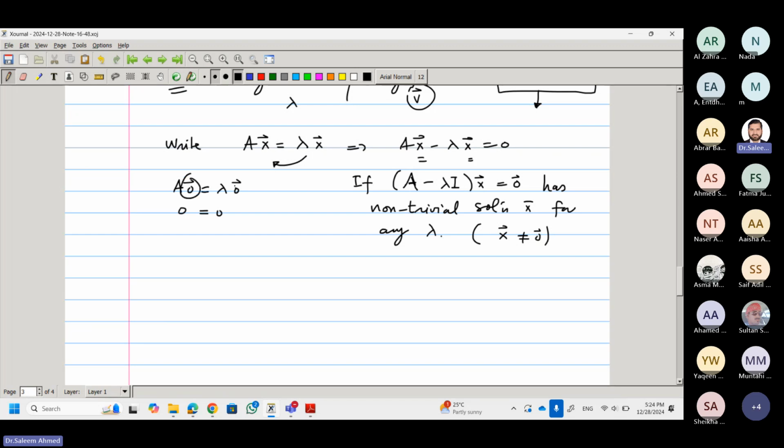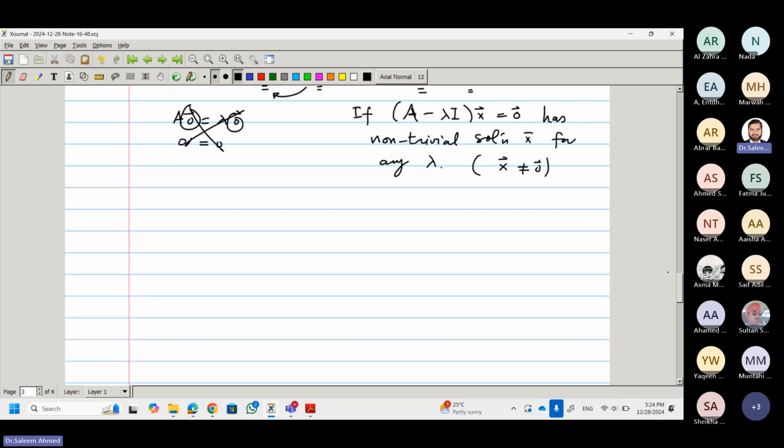So we are not looking for 0. Look, we are looking for some non-zero vector X that gives me equal values for AX and lambda X. So from here we got this: this homogeneous system has a non-trivial solution for lambda if and only if A minus lambda I is non-invertible.